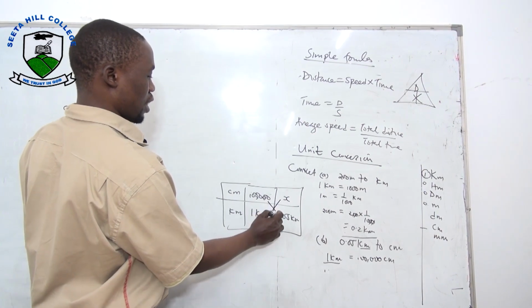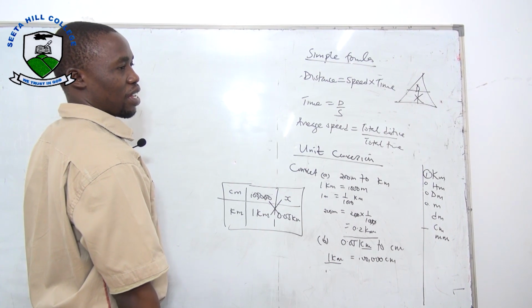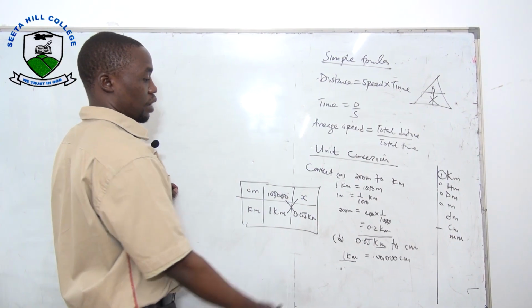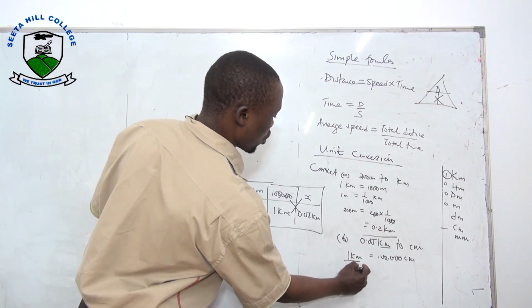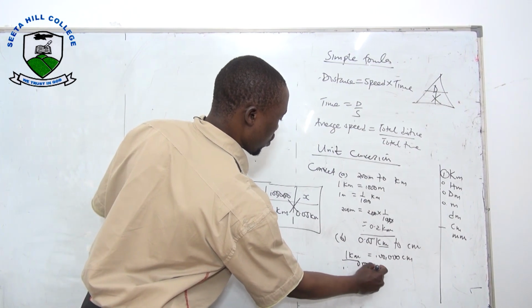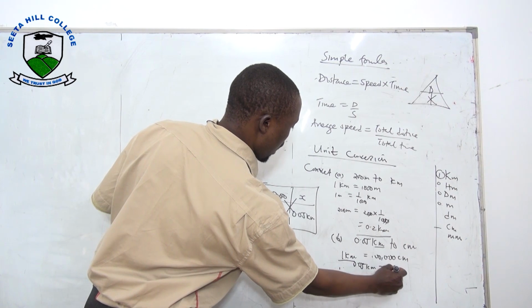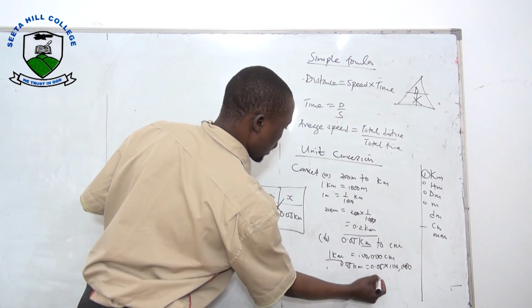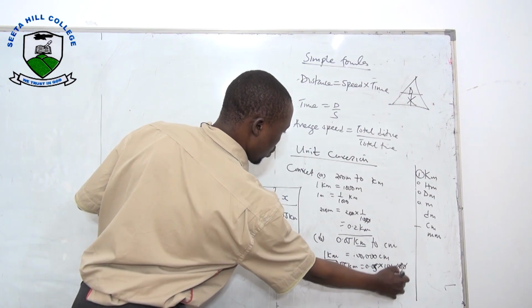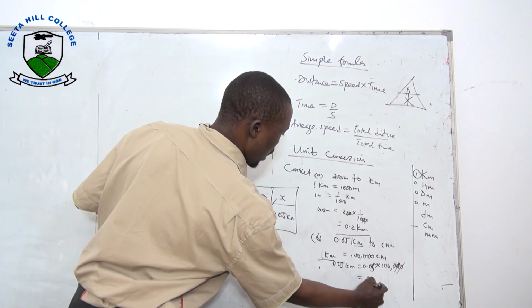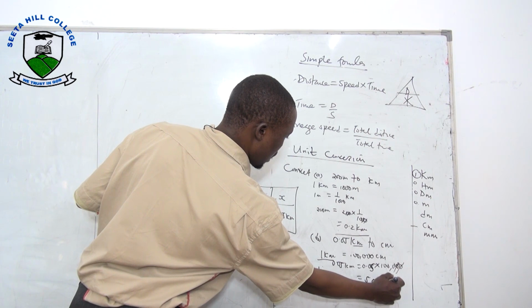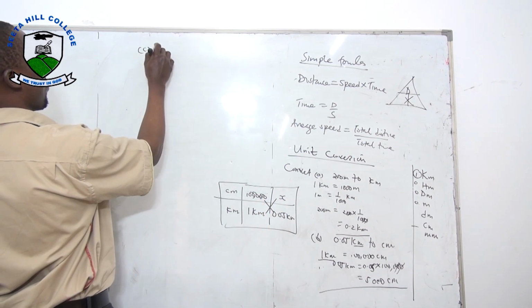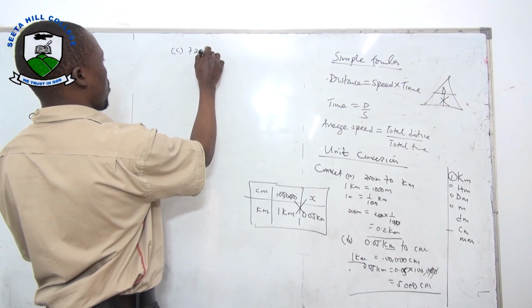You cross multiply. That means 0.05 times 100,000, but since there are 2 decimal places, kill 2 zeros, it will now be 5,000 centimeters.